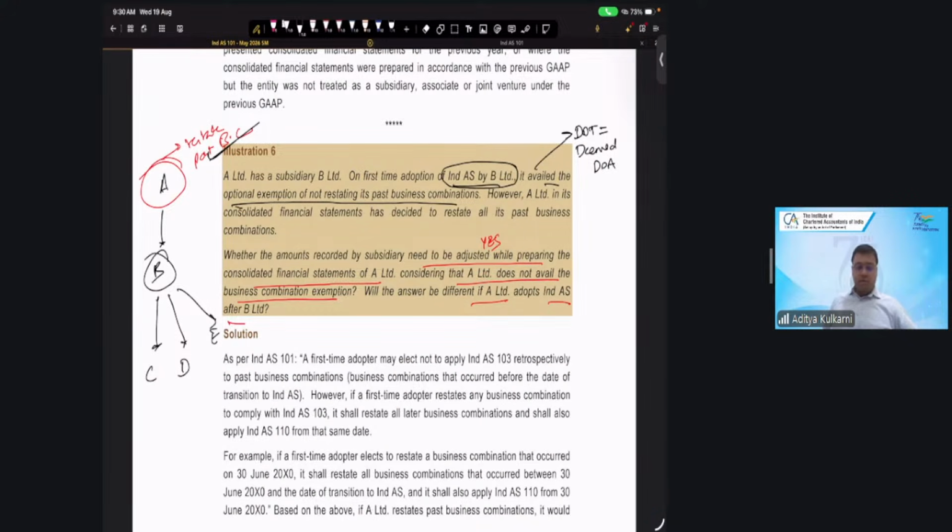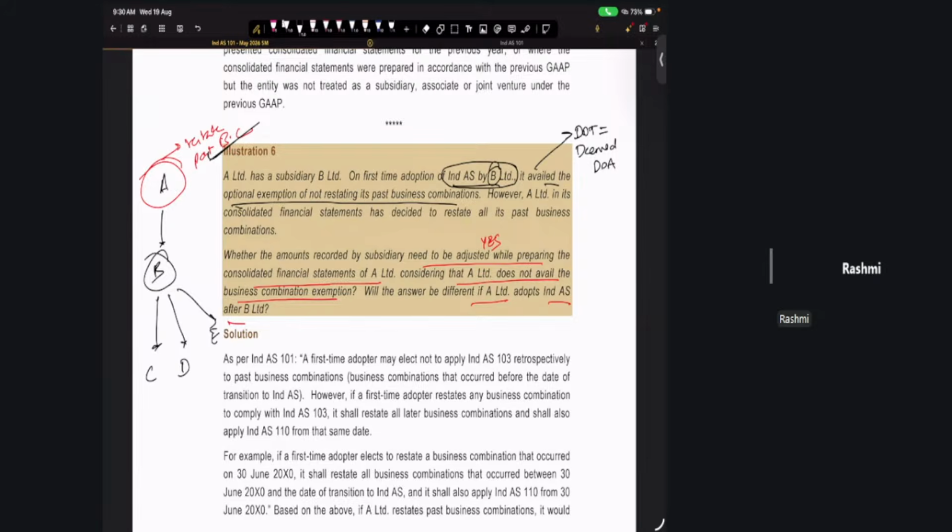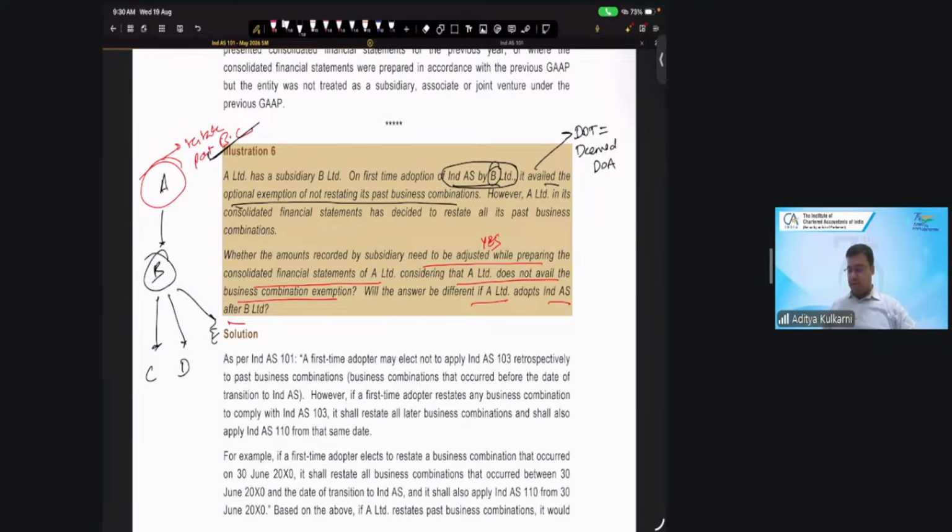Understand this now. This is interesting. A Limited has a subsidiary B Limited. On first time adoption of Ind AS by B, B Limited has adopted Ind AS the first time.